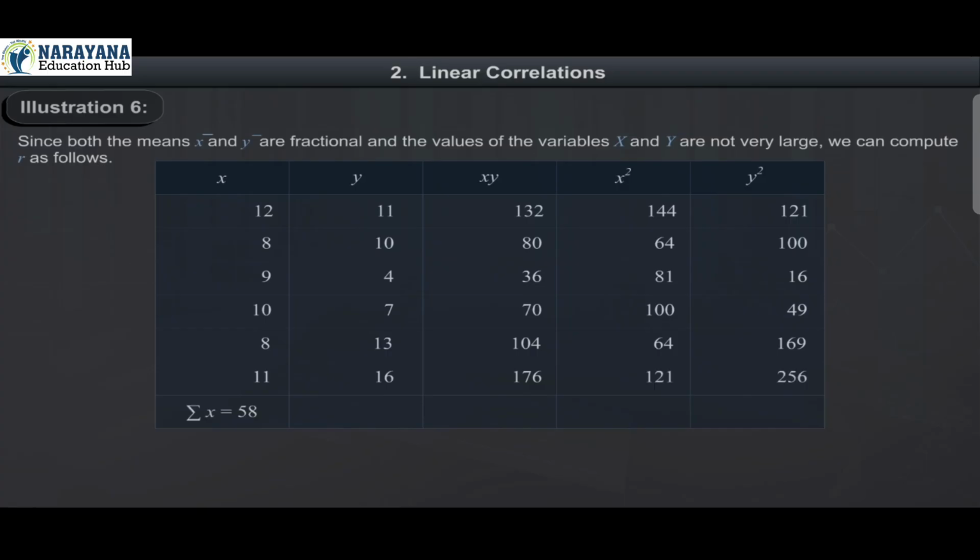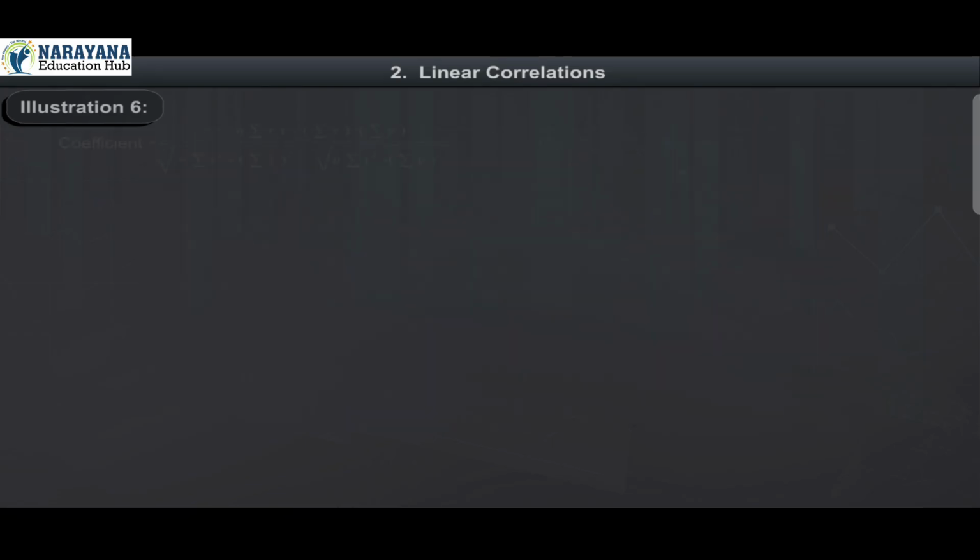Total: sigma x is equal to 58, sigma y is equal to 61, sigma xy is equal to 598, sigma x square is equal to 574, sigma y square is equal to 711.